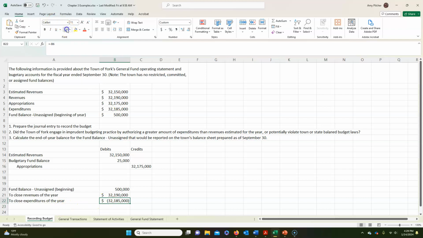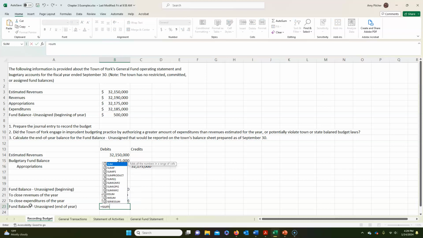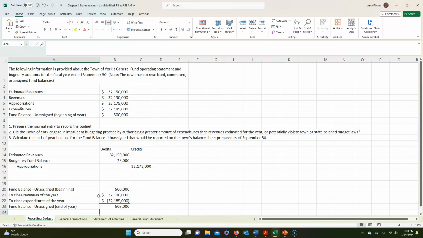So then we have our fund balance unassigned end of year. Should be $505,000.